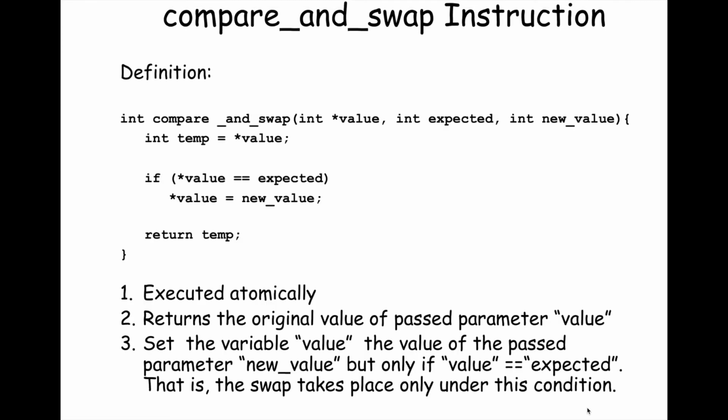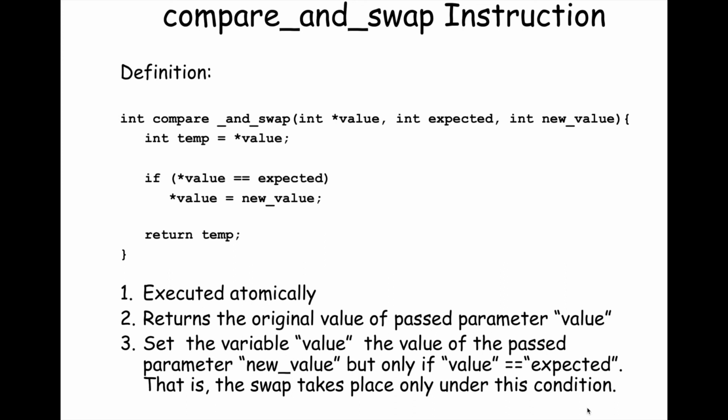Okay. So let's look at the other atomic instruction. And again, it's usually assembly code, but they do it in C pseudocode because it's a lot more accessible, easier to understand what it's doing. So compare and swap, as the name implies, it takes a value or variable. In this case, it's a pointer to an integer.